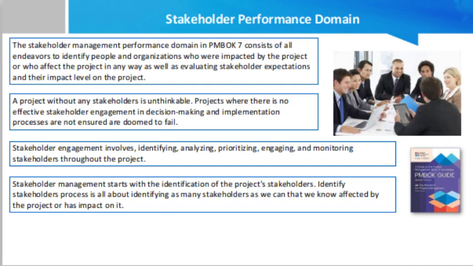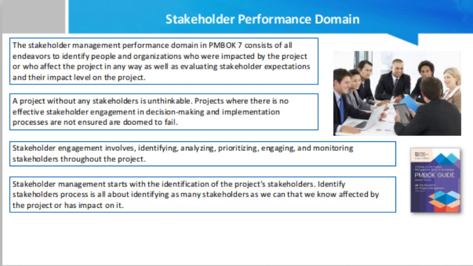Stakeholder management starts with the identification of the project's stakeholders. The identify stakeholders process is all about identifying as many stakeholders as we can that we know are affected by the project or have impact on it.